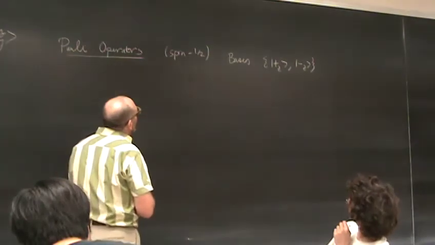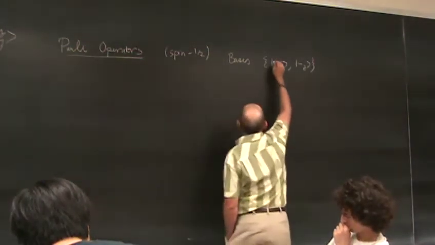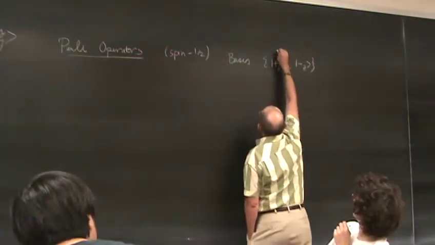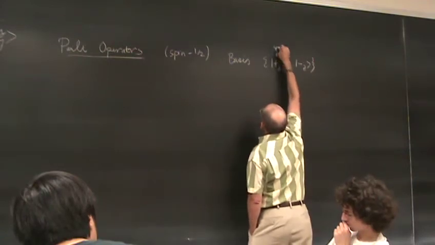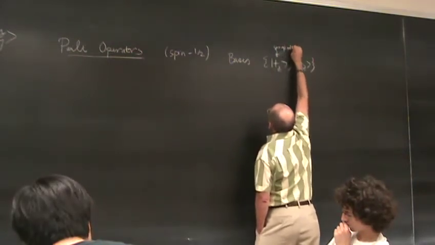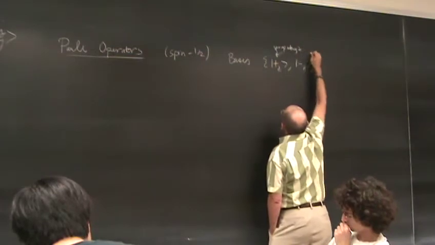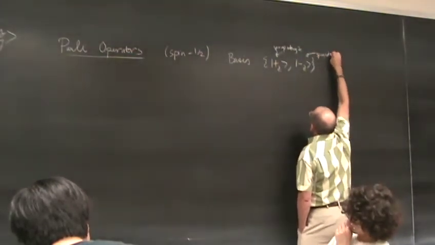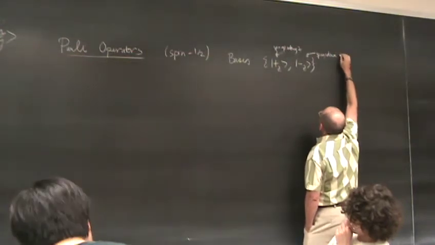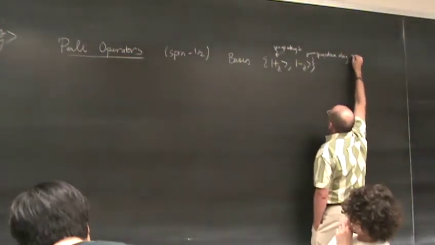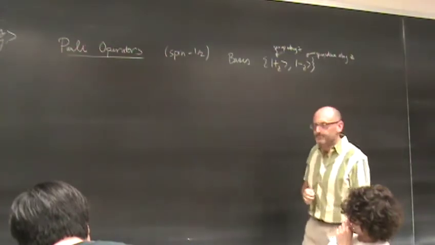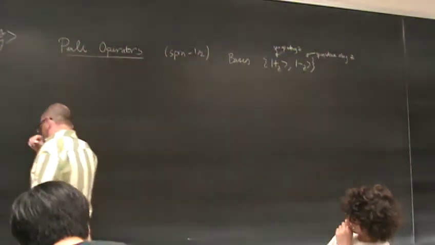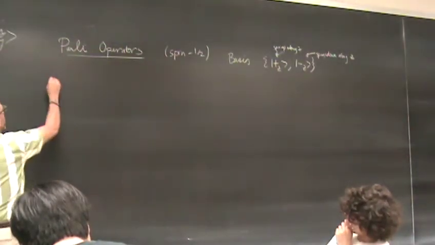So in that basis, this is spin up along Z. And this is spin down. All right? And so, what are the operators?